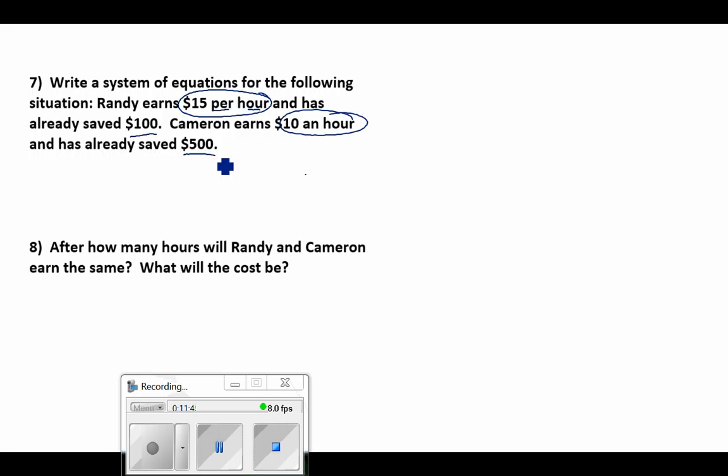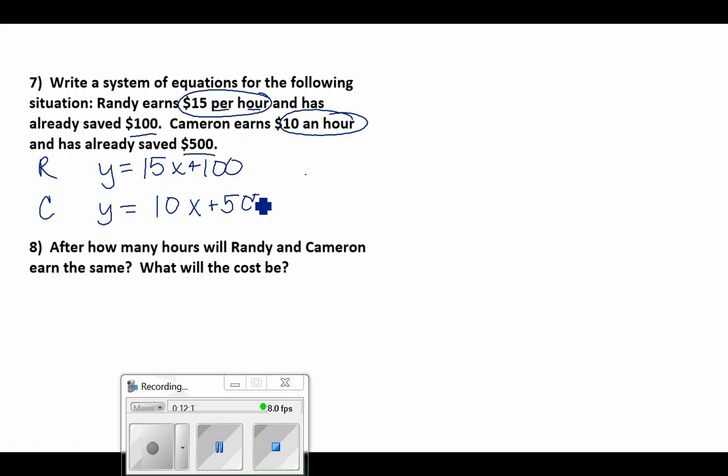We have Randy and we have Cameron. And we're going to substitute in the m and the b so we can write equations. So Randy's equation is going to be y equals 15x plus 100. And Cameron's equation is going to be y equals 10x plus 500. So that would be our system of equations for the situation.